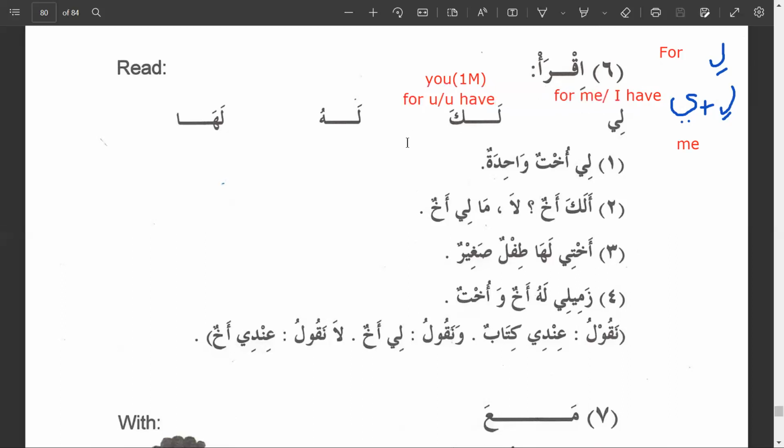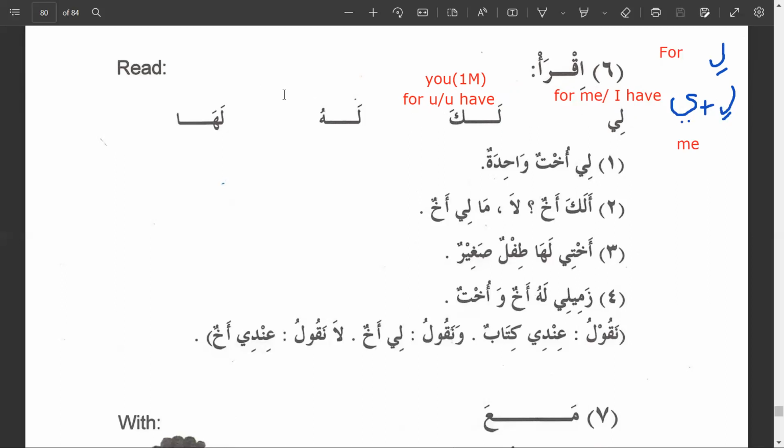Okay. For me, li is for me, or you can translate it as I have. Laka is for you, or you can translate as you have, according to the context. Okay.